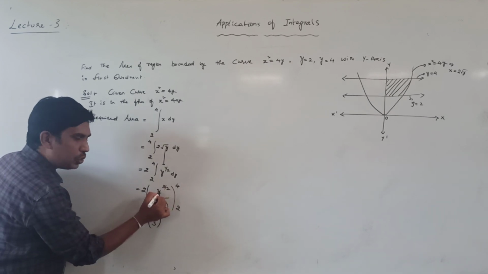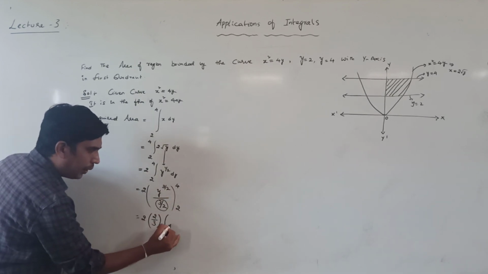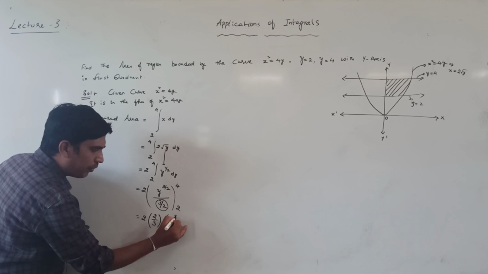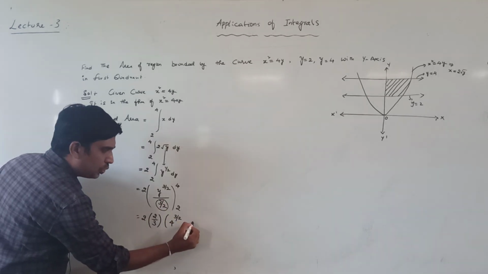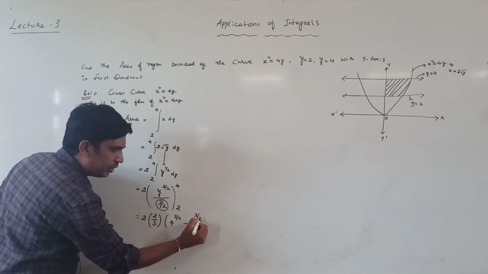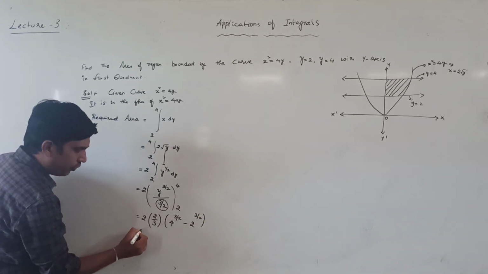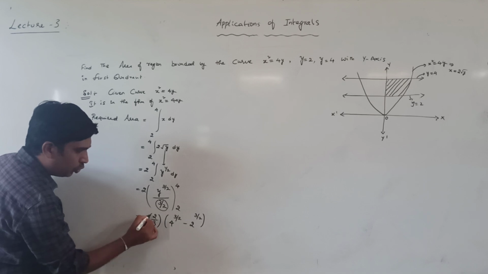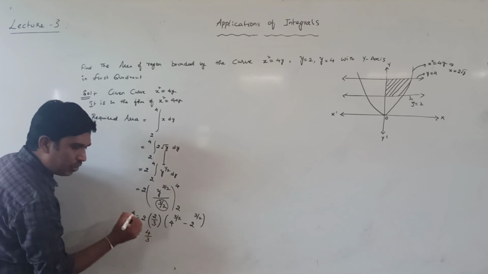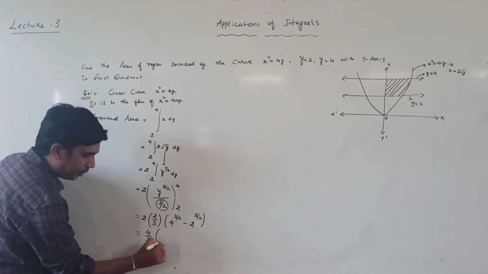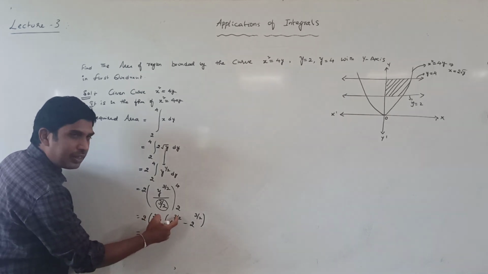Now upper limit substitute in the place of y. Upper limit substituted will get 4 power 3 by 2 minus lower limit substituted will get 2 power 3 by 2. So therefore we'll get here 2 into 2 by 3 nothing but 4 by 3 bracket 4 power 3 by 2.